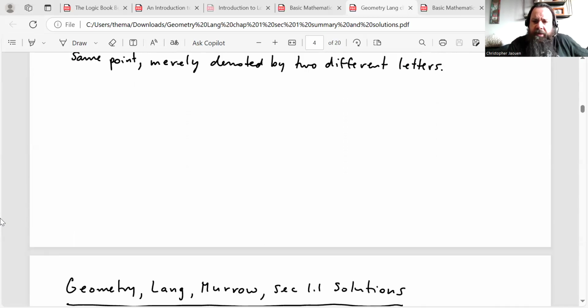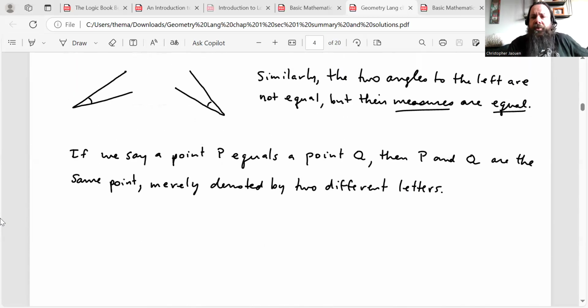The next thing that I wrote down here are the solutions to the exercises, which I'll get to in another video. So section 1.1 was relatively short, and you'll see each of the sections themselves are kind of short. Let me just stop the screen share for a second. I am kind of excited because he has a bunch of straight edge and compass constructions in the book.